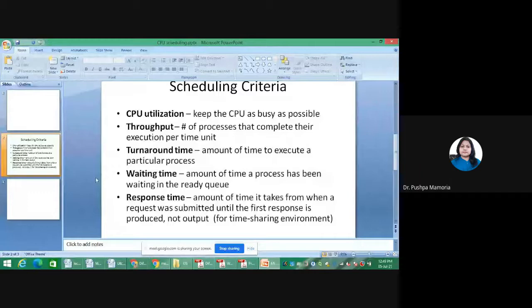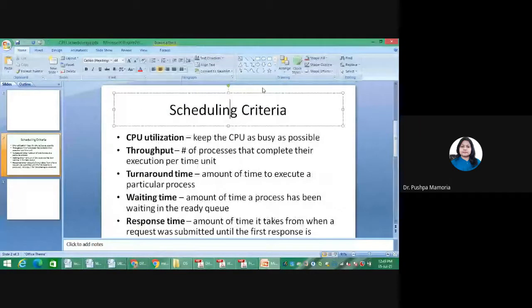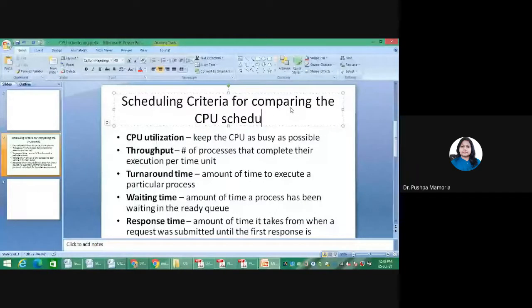The first scheduling criteria for comparing the CPU scheduling algorithms is CPU utilization.